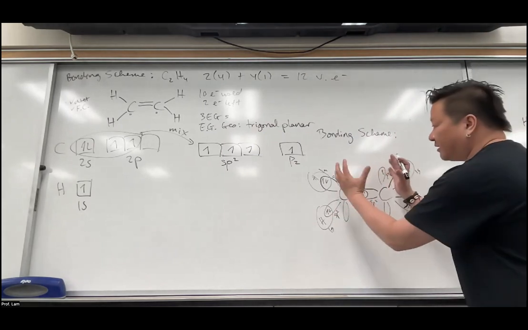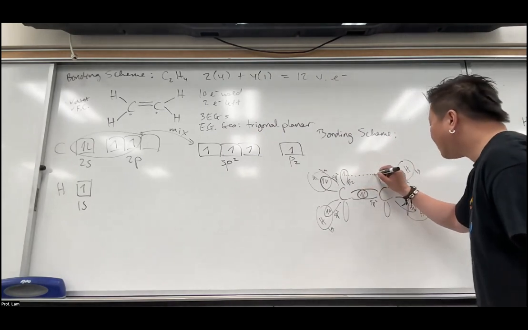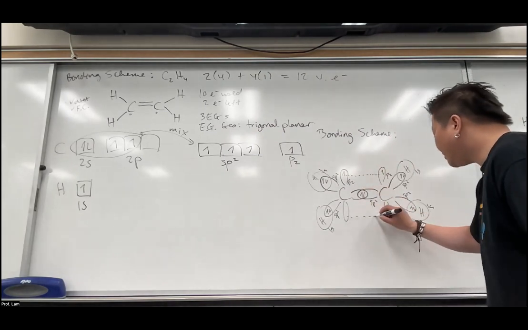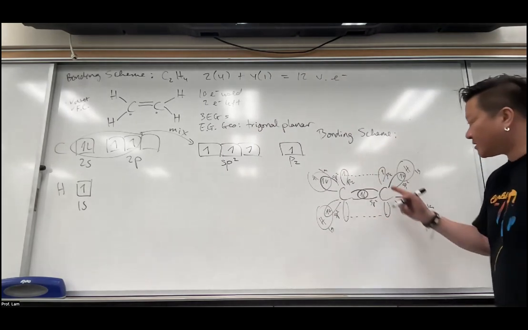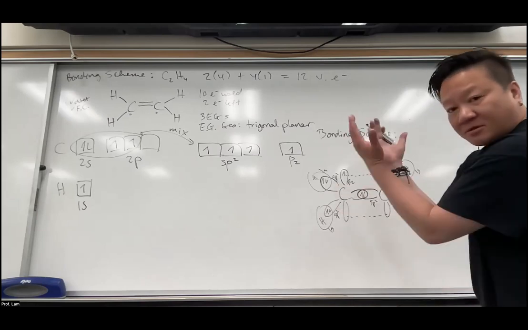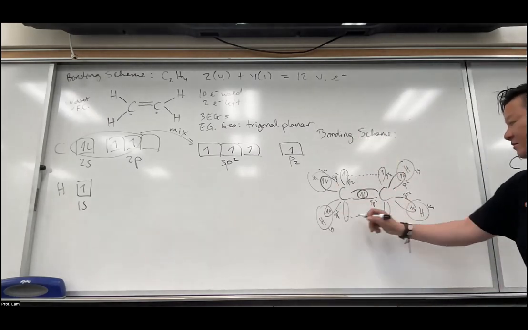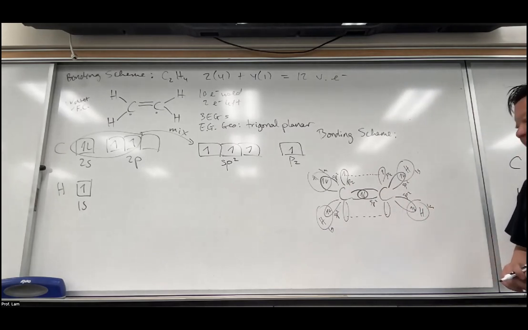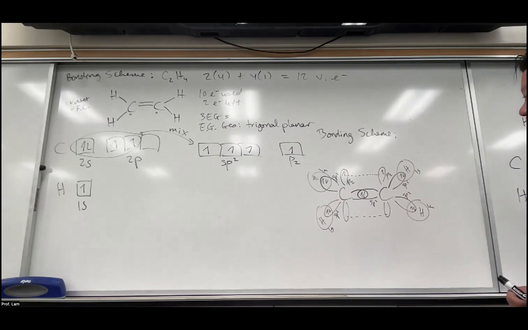In real life, they're actually touching. But we can't show it on the board, so we just tether it with this dotted line. So both the top lobe and the bottom lobes are overlapping, right? So make sure you show dotted for both upper and lower lobe. Okay, so that's going to be our second bond.